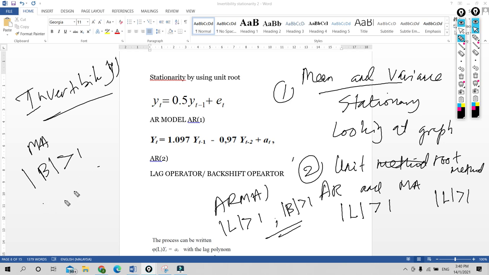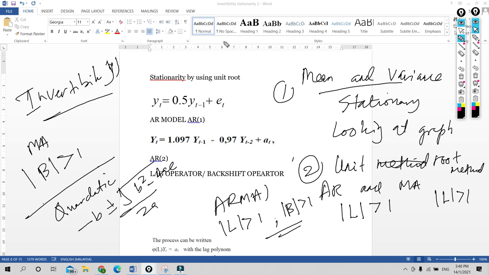Now this is the case of a linear line. But if you have a quadratic, you need to use the quadratic lag operator polynomial. You need to factorize it using the formula: negative b plus or minus the square root of b squared minus 4ac, over 2a, provided you have a solution.